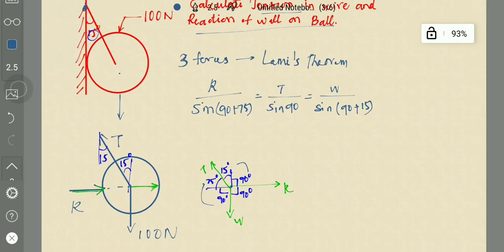So what are the quantities we know? We know this W is 100 newtons.